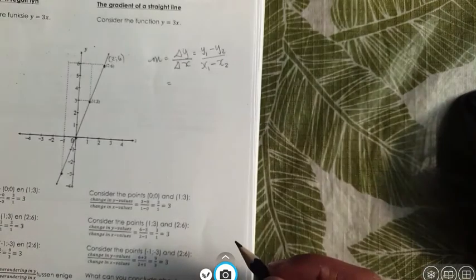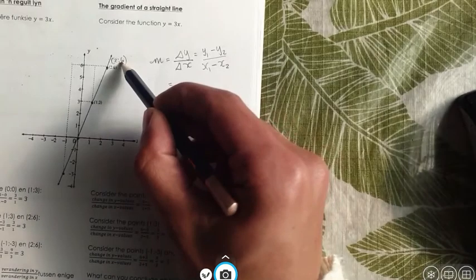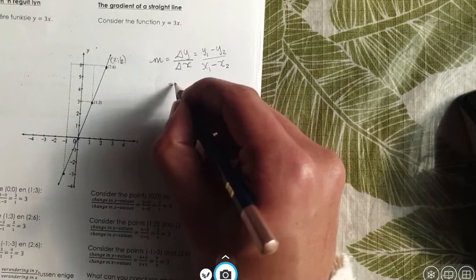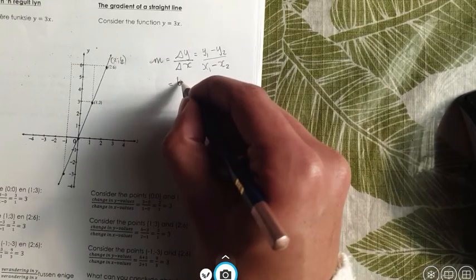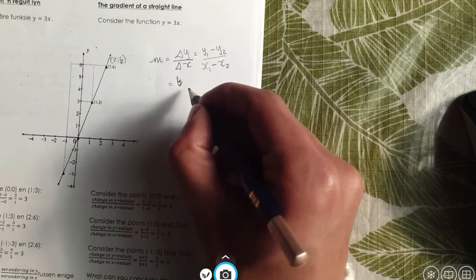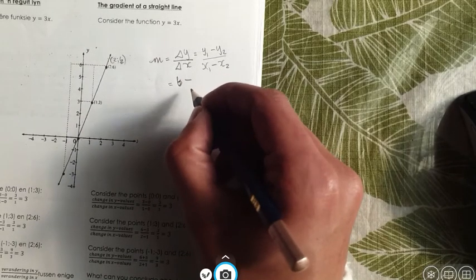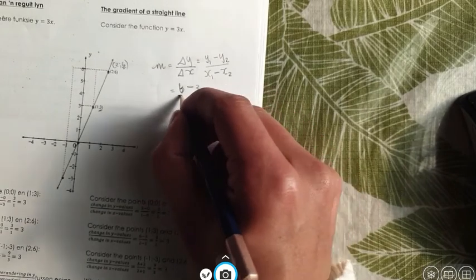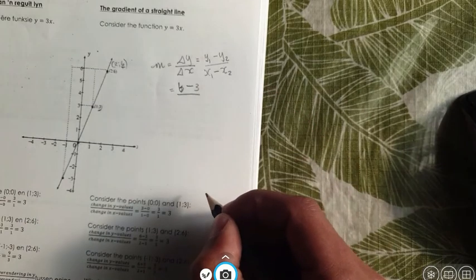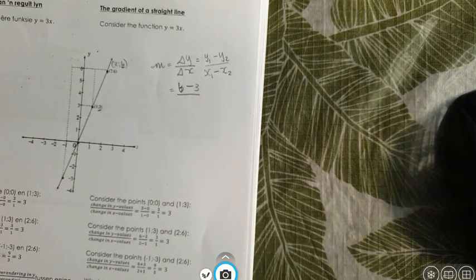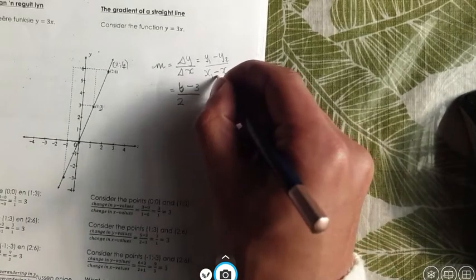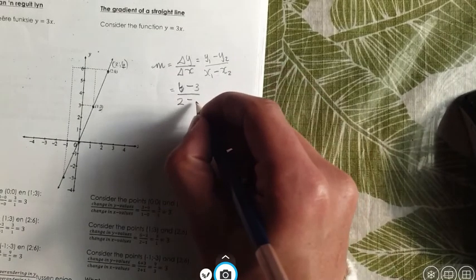That means I need to take the first y value. So I'm going to say 6 is the first y value, and then minus the second y value. What is the second y value there? 3. Minus 3. And then over the first x value, which is 2, minus the 1.